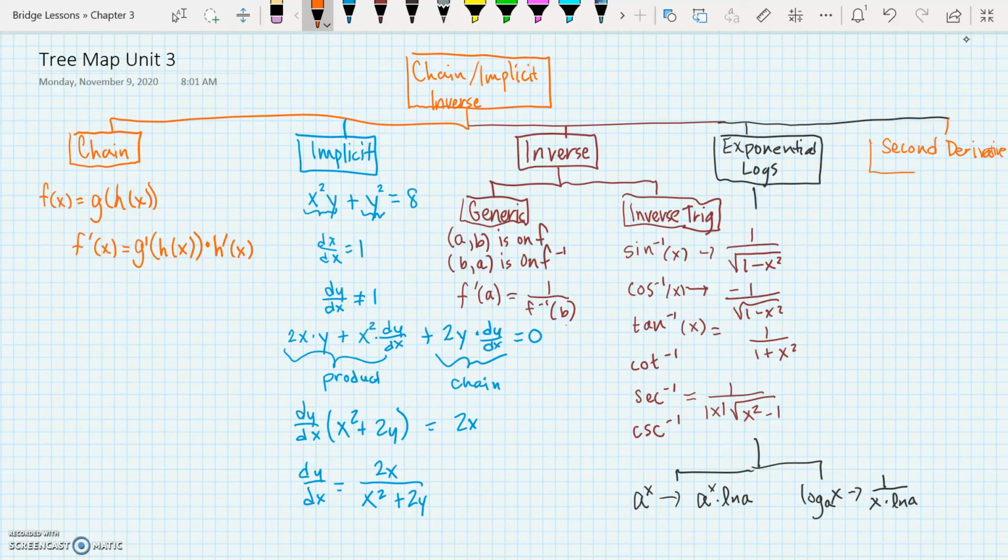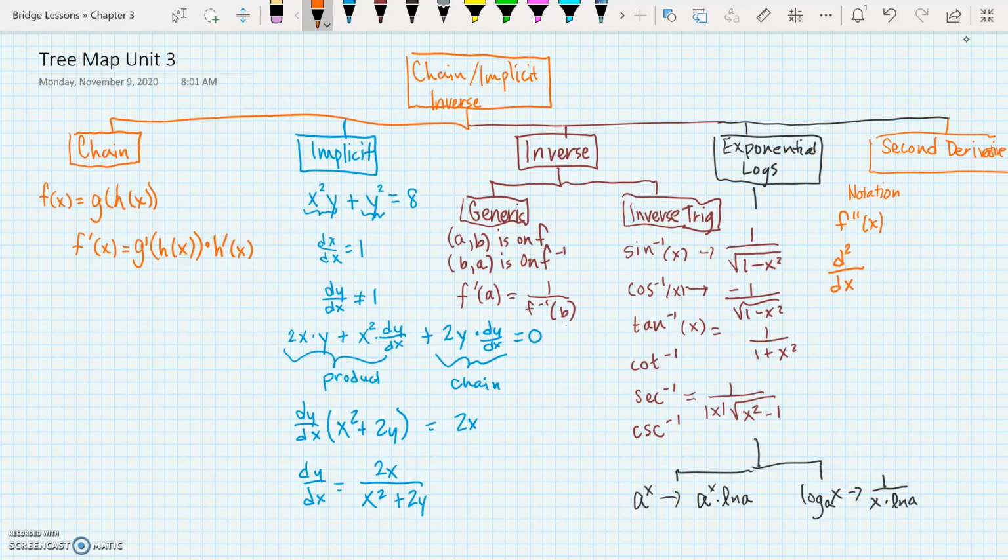So the big thing about second derivatives and higher order derivatives is that you understand the notation. That f double prime of x just means take another derivative. So take the derivative of the derivative. Or in the other notation, this is the operator.